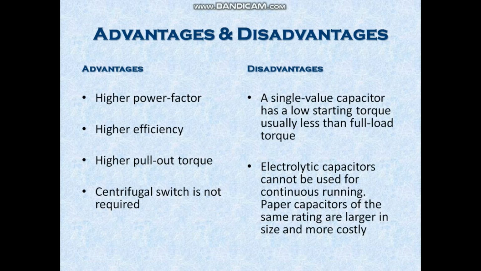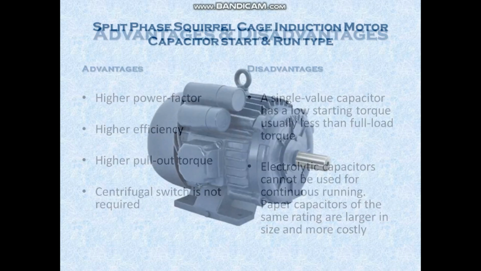The various disadvantages are a single value capacitor has a low starting torque, usually less than full load torque. Electrolytic capacitors cannot be used for continuous running. Paper capacitors of the same rating are larger in size and more costly.